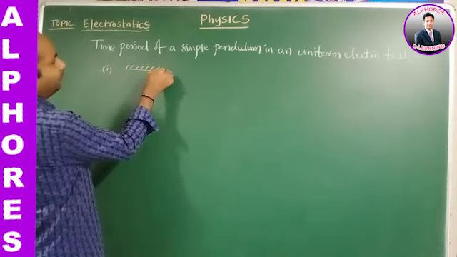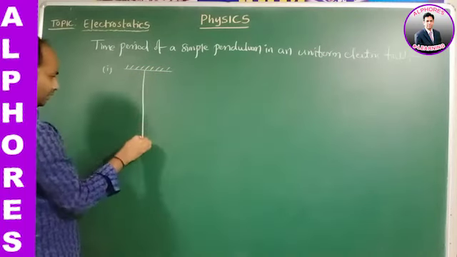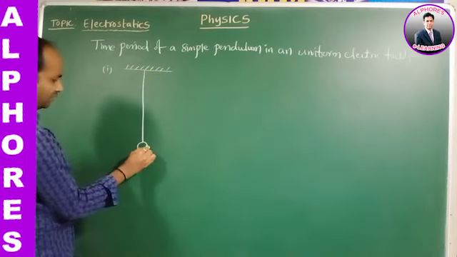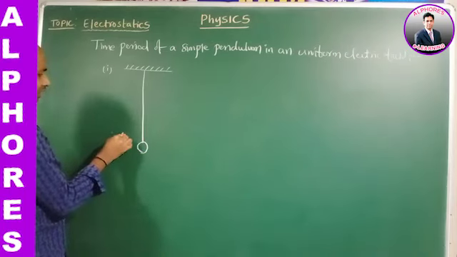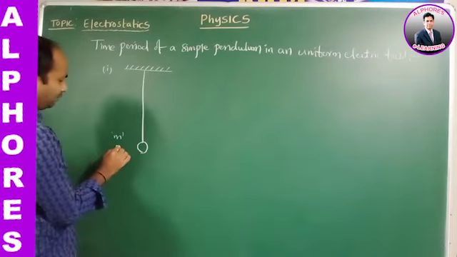Consider this simple pendulum. A metal bob of mass m is suspended here and given a positive charge.